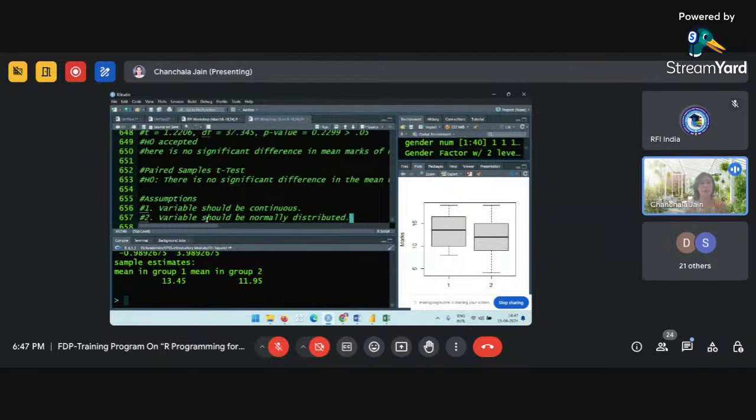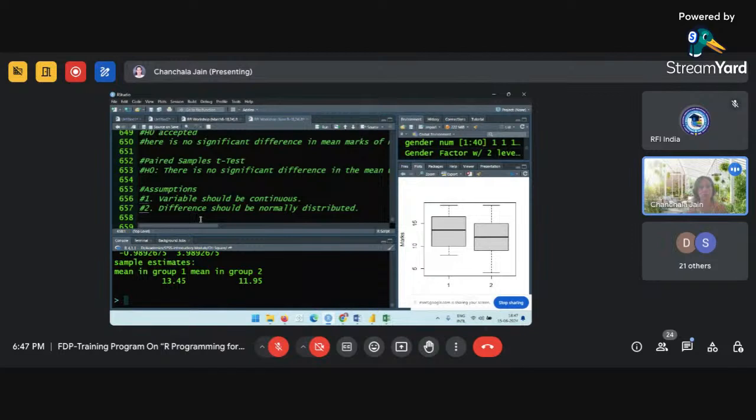Variable, not variable, the difference here. It is not variable, the difference, should be normally distributed. And the last one is there should be no outliers in the difference.